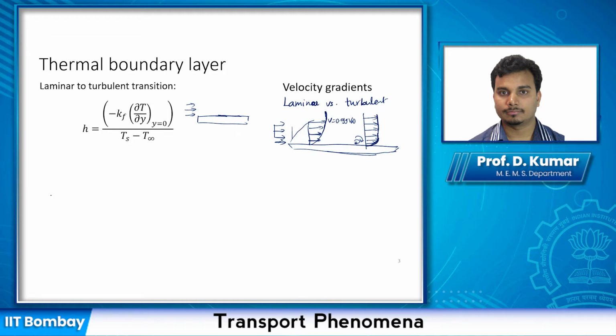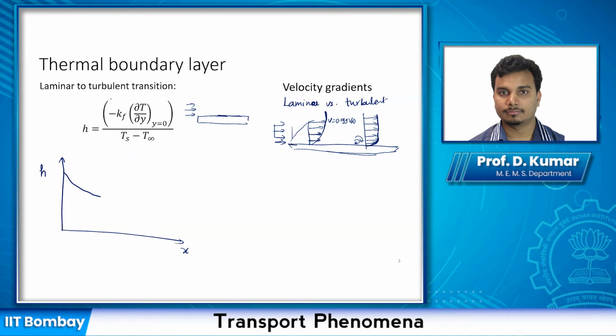So what will happen essentially is, if you plot the heat transfer coefficient h with respect to x, the flow starts initially as a laminar boundary layer flow. So h decreases with x, as we have seen in the last lecture. h decreases with x because the boundary layer thickness grows, and your temperature is fixed at Ts here and fixed at T infinity here.